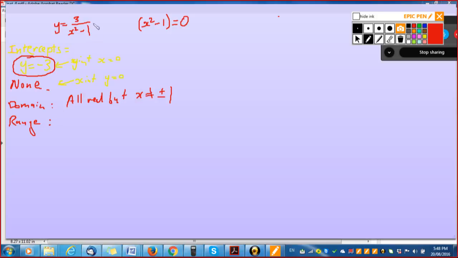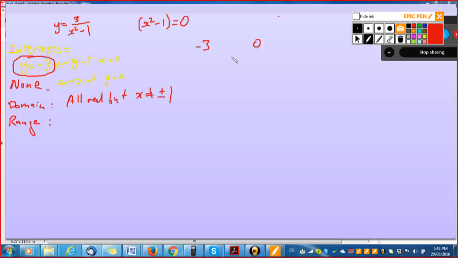So what's the maximum value that can be? The bottom, negative 1, right? So one of your limits is going to be negative 3, and the other limit is, as X approaches infinity, Y is going to approach 0.